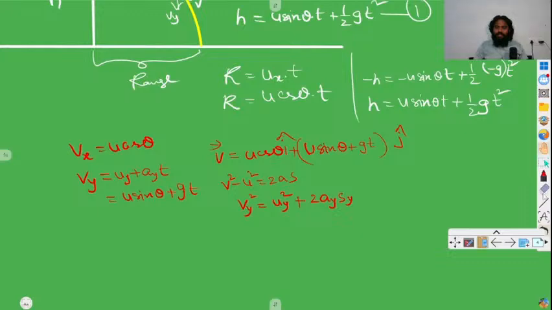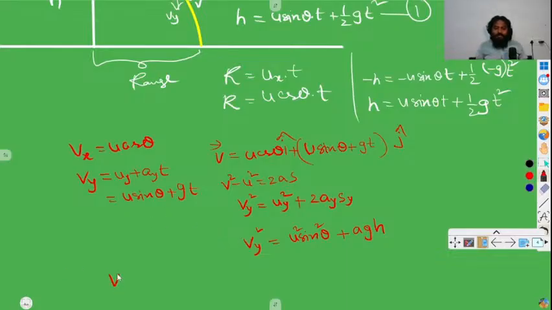vy square is equal to u square sin square theta plus 2 into g into h. Clear? Now this is vy square.